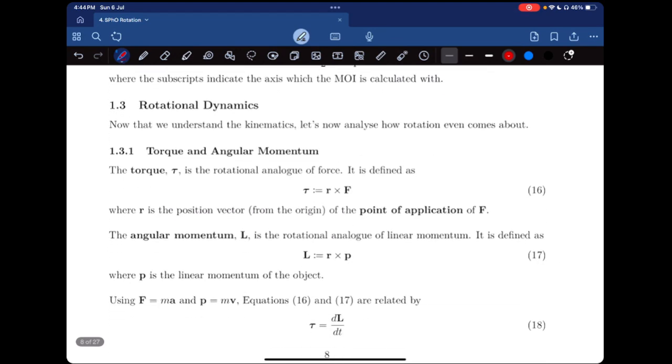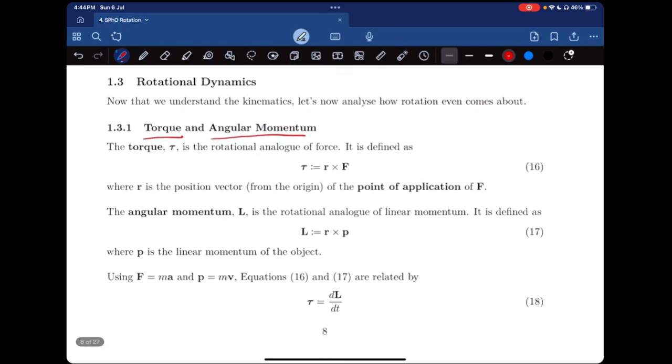Now that we understand kinematics, we can go into dynamics. In dynamics, we'll deal with quantities such as torque, angular momentum, and other stuff later on.